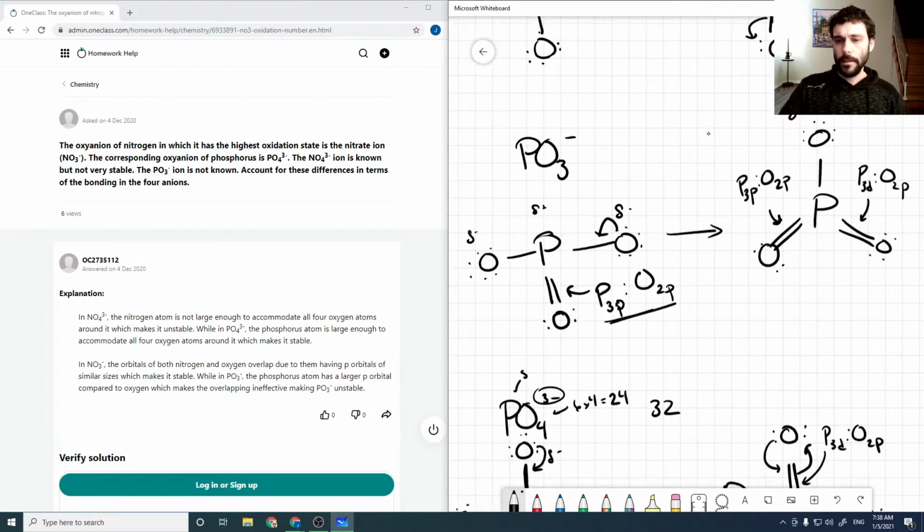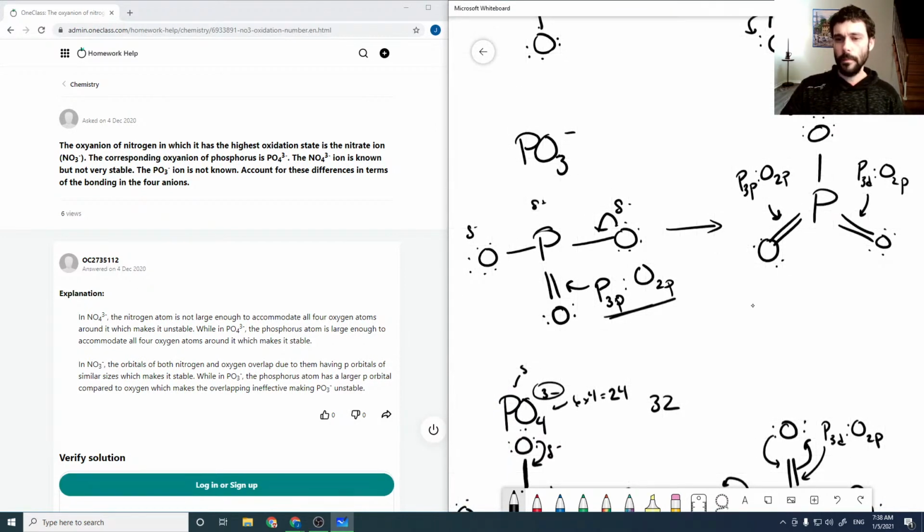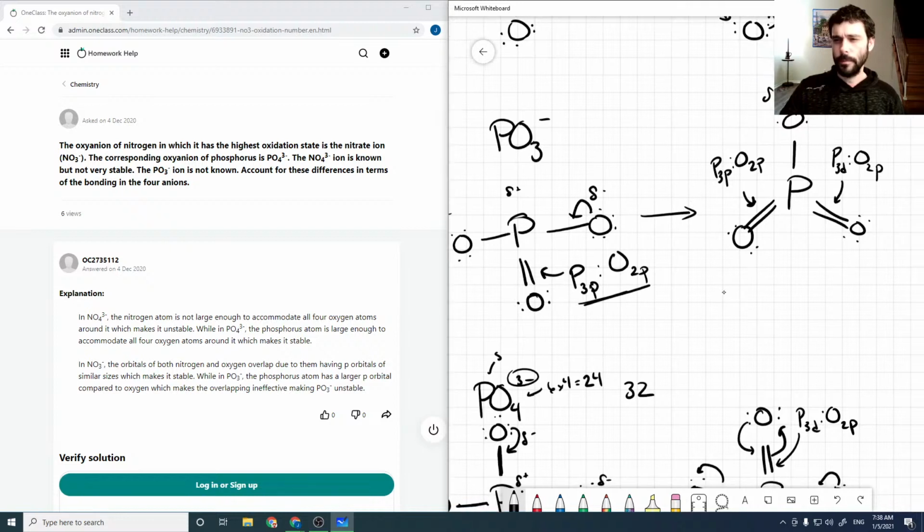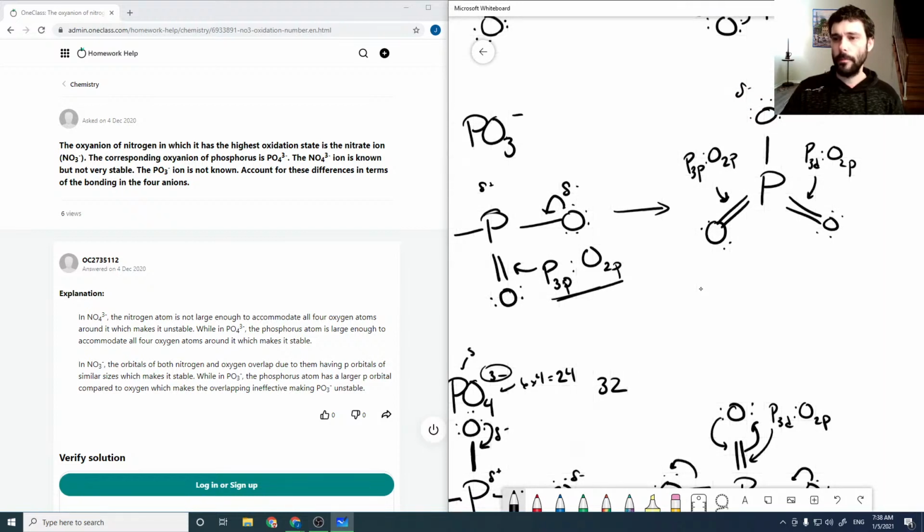For PO3-, looking at the same structure, we would still end up with some stabilization due to resonance. But we would actually only get very minor delocalization across all 3 oxygens.